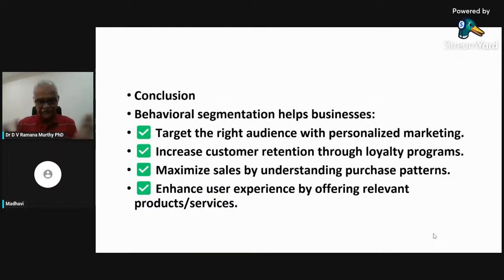And in conclusion, when we talk about behavioral segmentation, it helps businesses. Why this segmentation? First one is to target the right audience with personalized marketing, because you know who the people are, when they are trying to buy and what type of things they are buying, so that you can target the right audience.